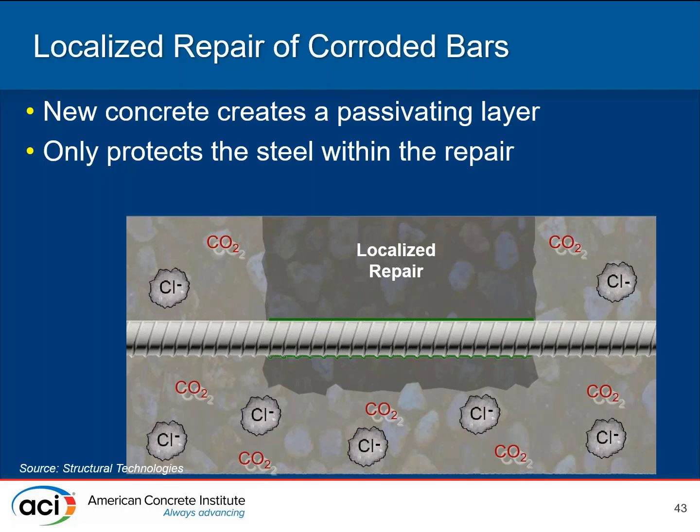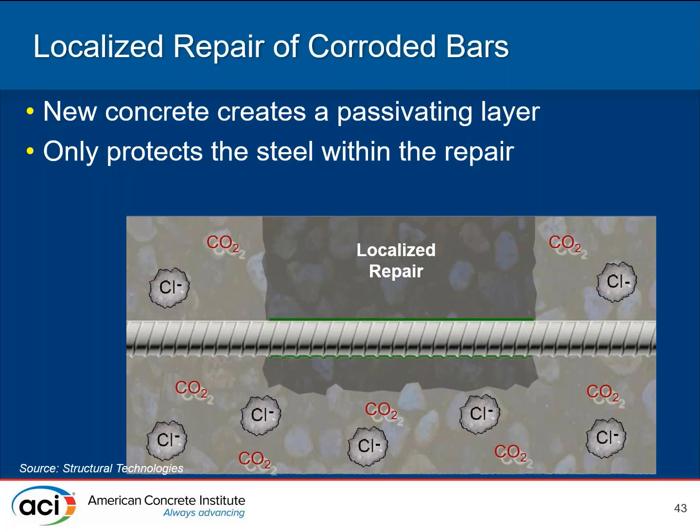It may have been protected by the steel that was corroding, but now that you've stopped that, you no longer have that protection. If you don't know anything about what's causing corrosion, the easiest way to think about it is that corrosion is driven by differences. A difference in temperature can cause corrosion, a difference in moisture content can lead to corrosion, and a difference in chloride content leads to corrosion.